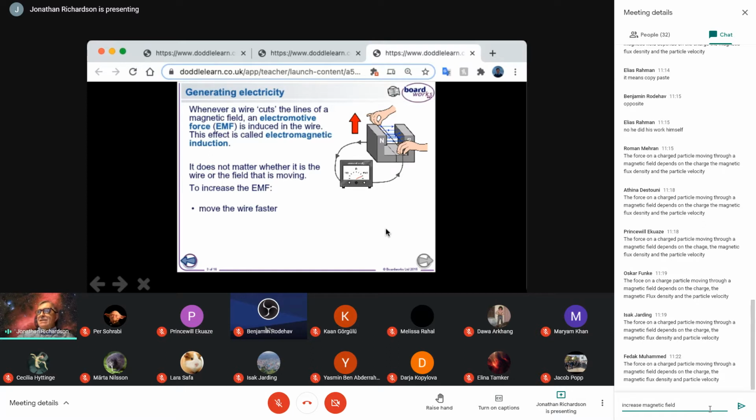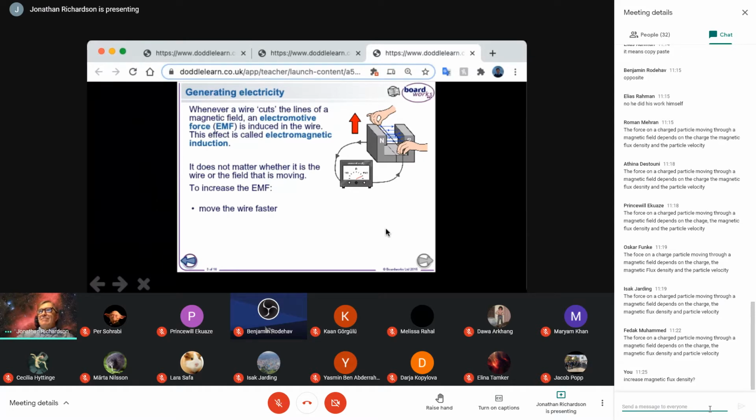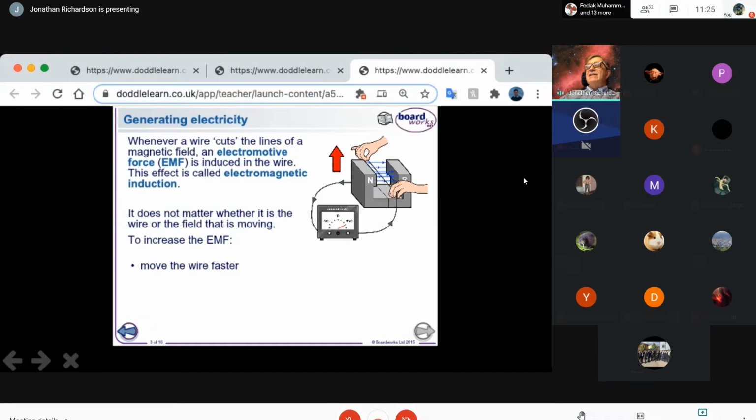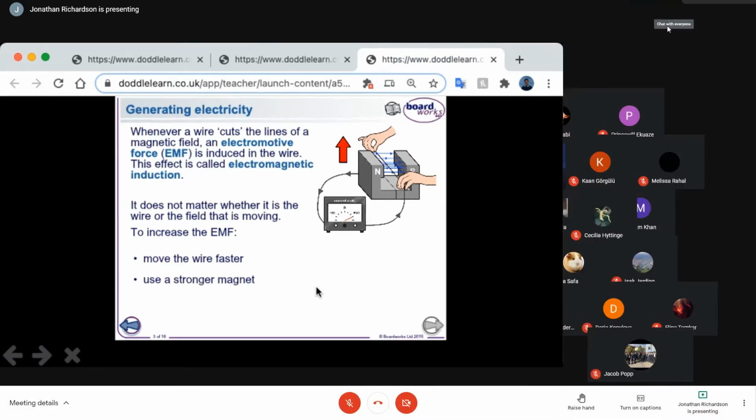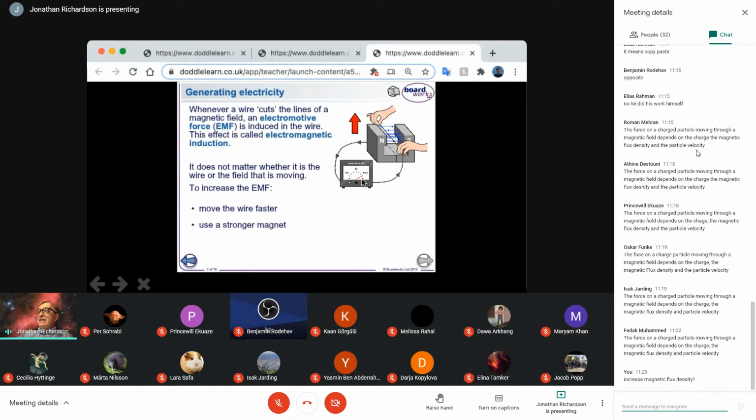Any guesses? Nobody? Increase the magnetic flux density. Great, absolutely right. If I make this magnet here stronger, if I use a stronger magnet, I get a bigger deflection on the meter.